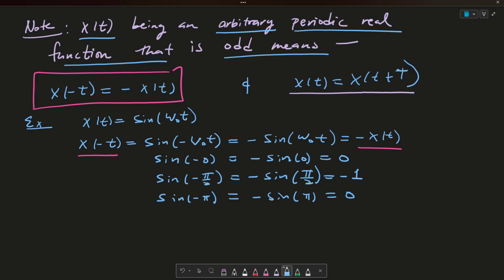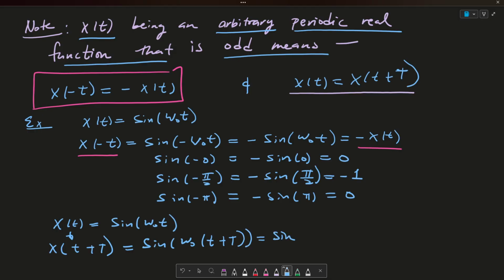So we can say, if x of t is equated to sine of omega naught t, let's go ahead and calculate x of t plus capital T. This is equated to sine of omega naught times t plus capital T, which is equated to sine of omega naught t plus omega naught capital T.